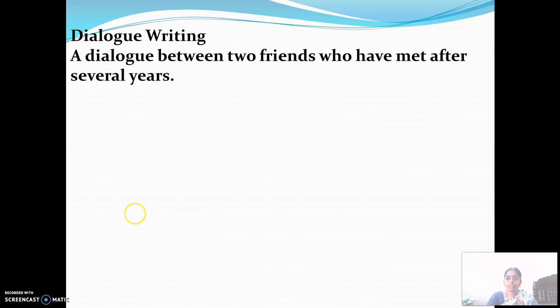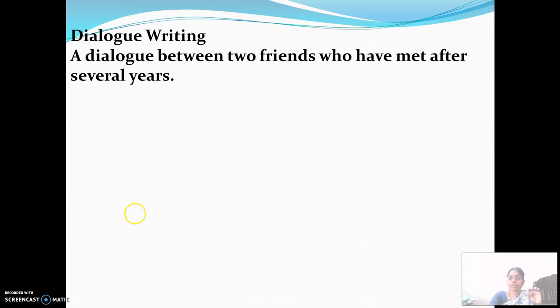On the right side, you are going to write the answer. Write the exercise number and date. What is the exercise number? Very good. Write that exercise number and date. Write dialogue writing. Then start writing the answers.